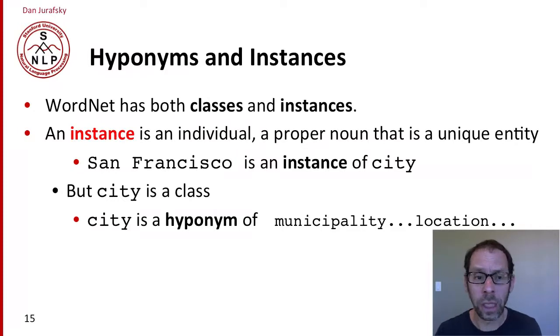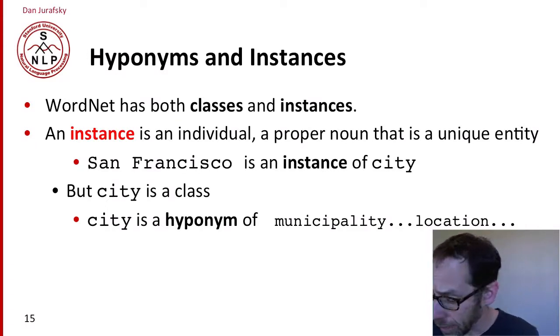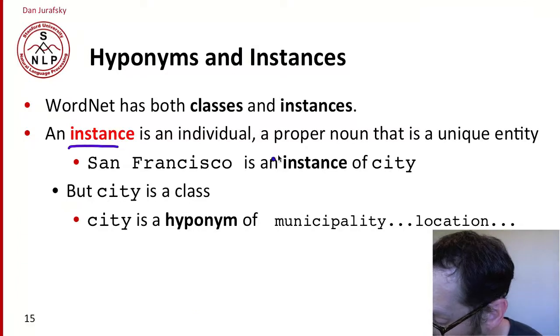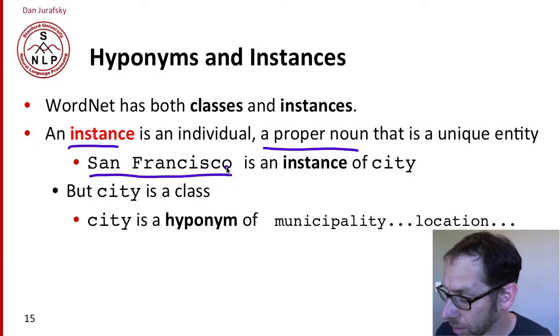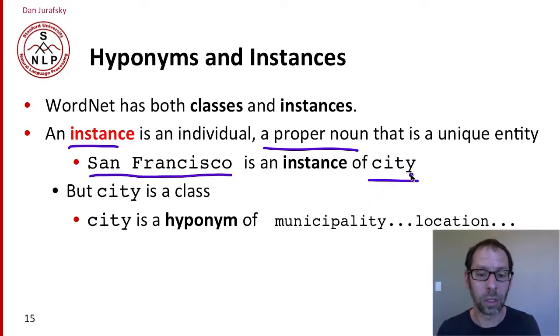We often make a distinction between hyponyms and instances, and WordNet, the thesaurus we'll talk about in a bit, has both classes and instances. An instance is an individual, a proper noun that is a unique entity, and so we say San Francisco is an instance of the class city. So instance is a relationship between an individual and a class.